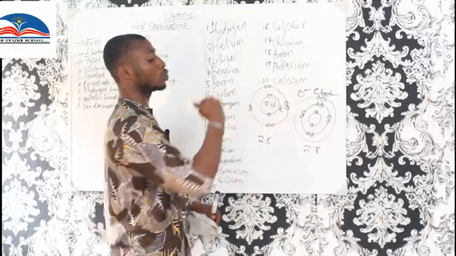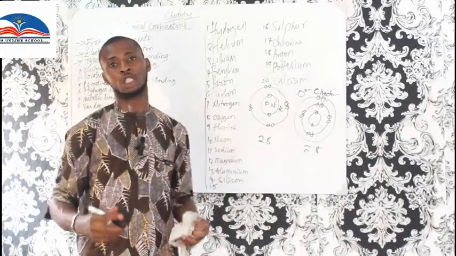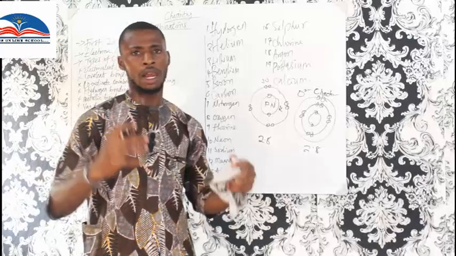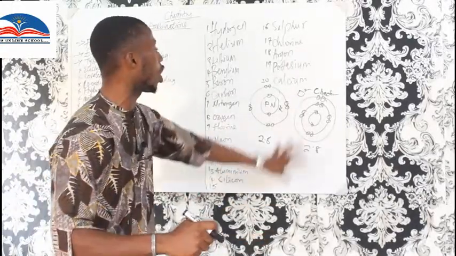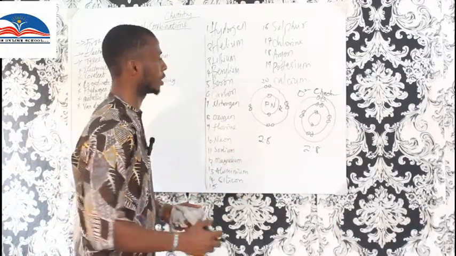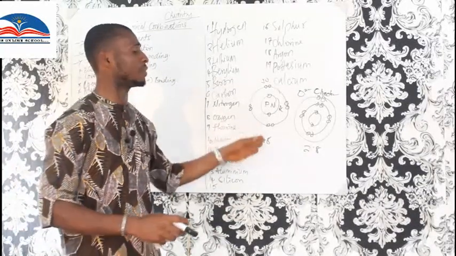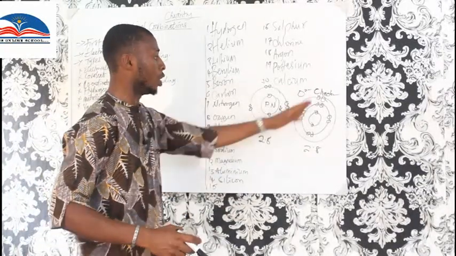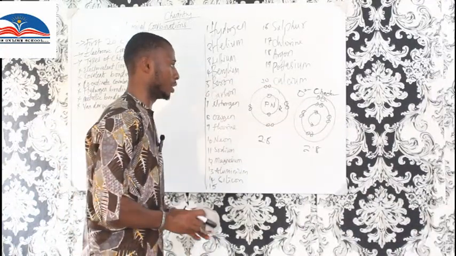They have the capacity to give out electrons, while non-metals have the capacity of receiving electrons. They have an incomplete octet shell. So the metal will give them electrons and they accept. They have the accepting capability, while the metals have the giving capability.